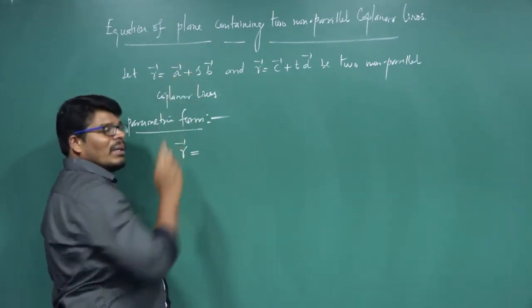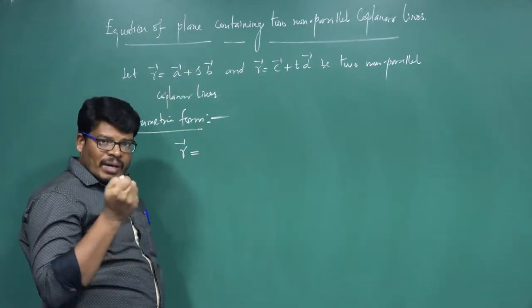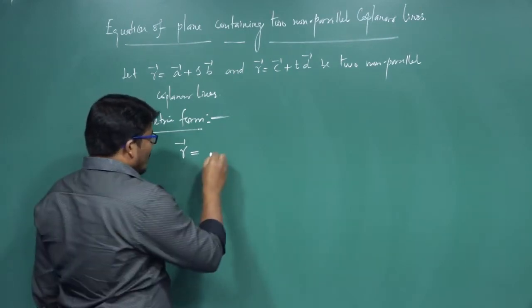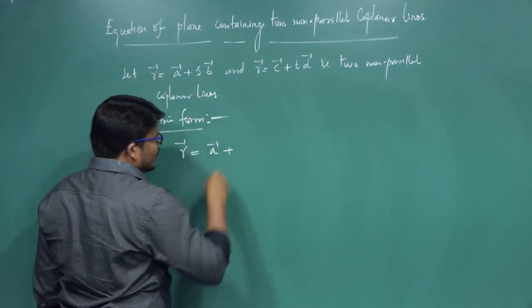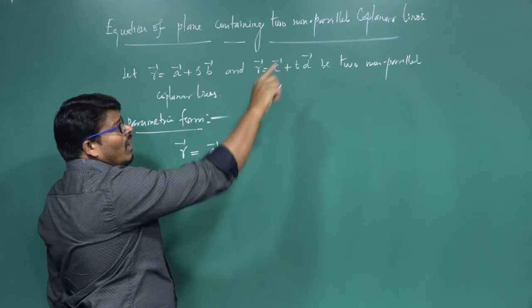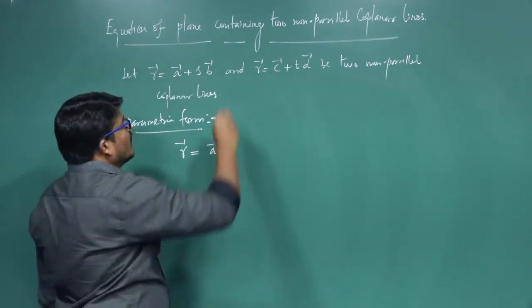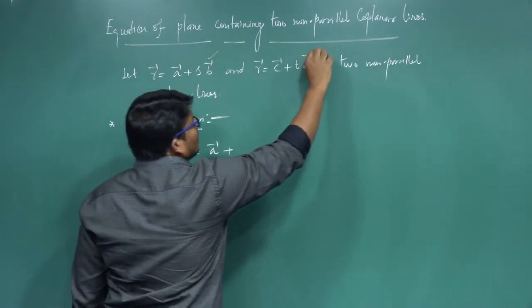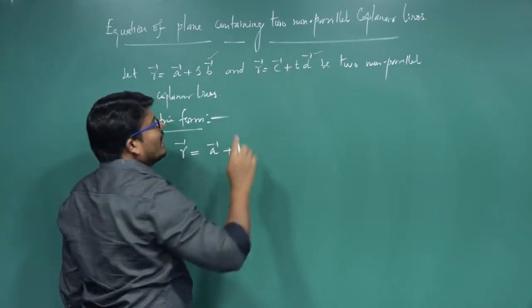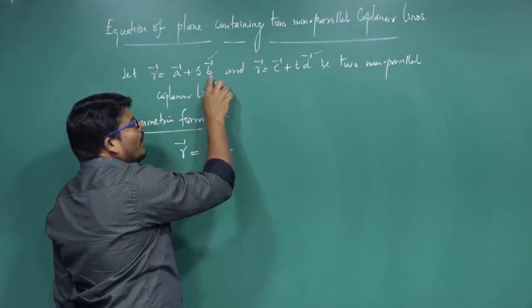Here a is one of the points. So I am taking the point a vector first, r vector equal to a vector plus the two non-parallel directions, s b and t d, with parameters s and t, and b vector and d vector being the two non-parallel vectors.